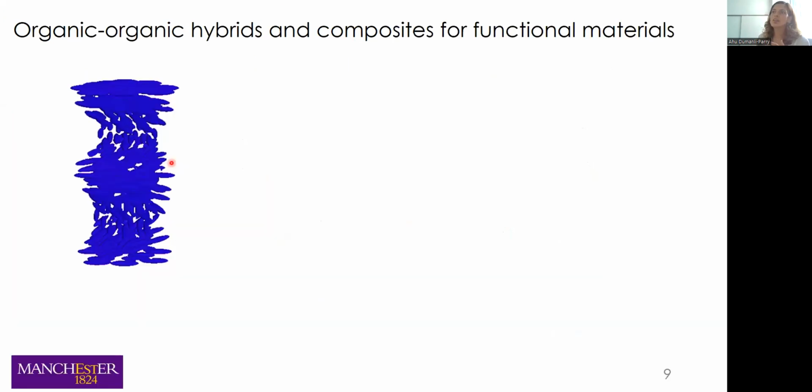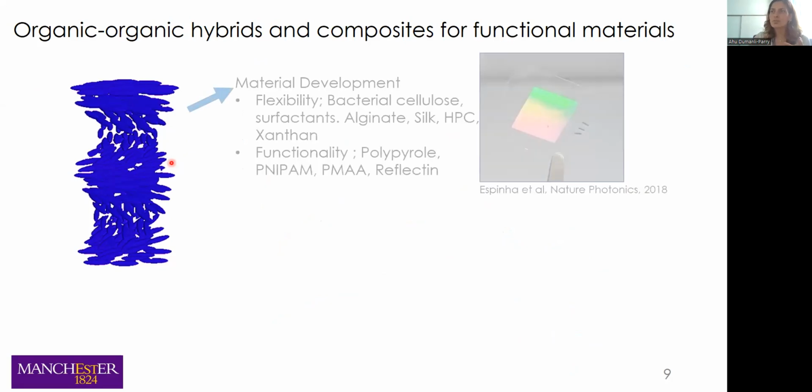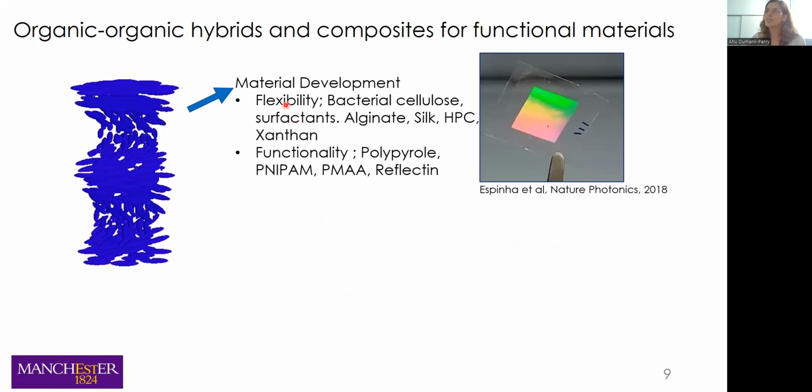So by doing that, we are aiming to build functional materials by mostly focusing on organic hybrids. Most of the materials we are using are aiming to improve the flexibility of these films, because if you look at the cellulose nanocrystals, they are crystalline material, they are quite brittle.